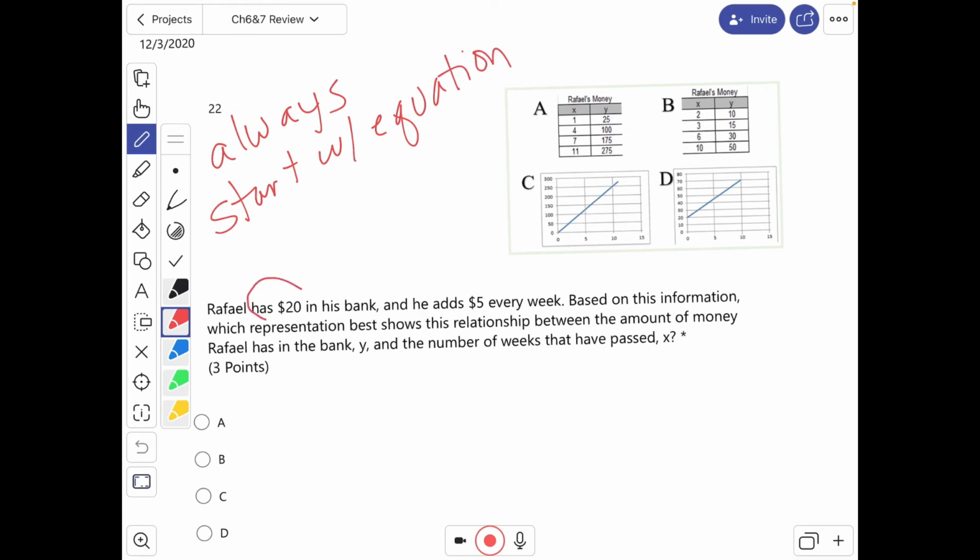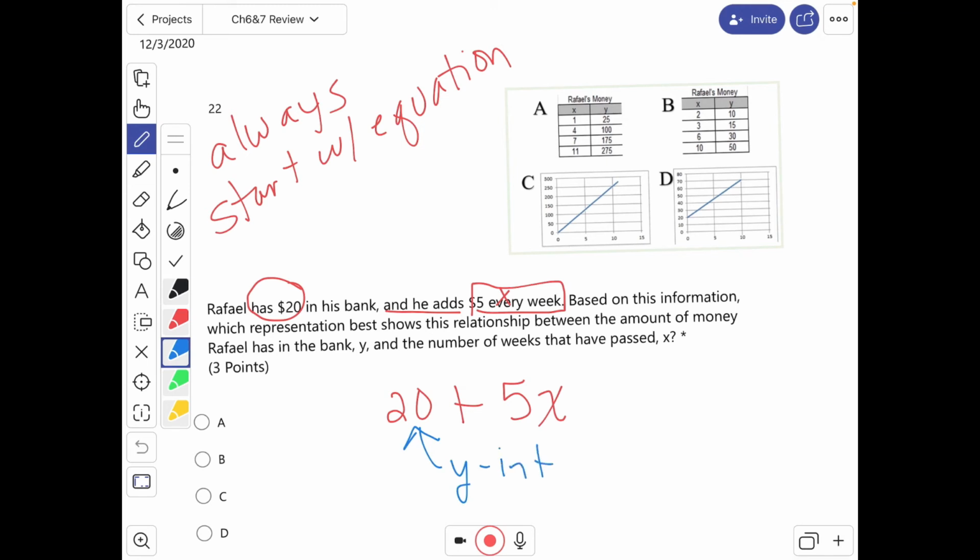So what would be the equation for this problem? He has $20. So he starts with 20. And he adds $5 every week. That means we're going to multiply 5 times the weeks. And x is supposed to represent weeks.